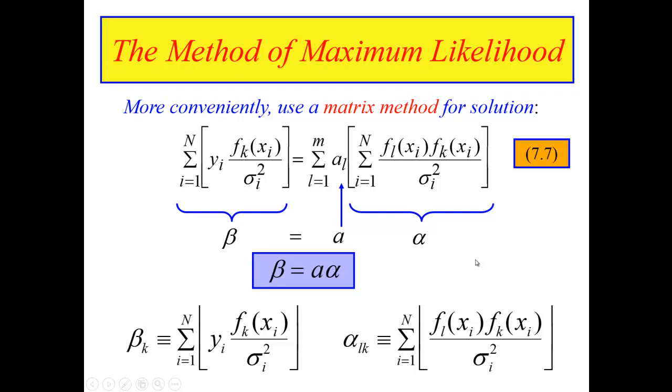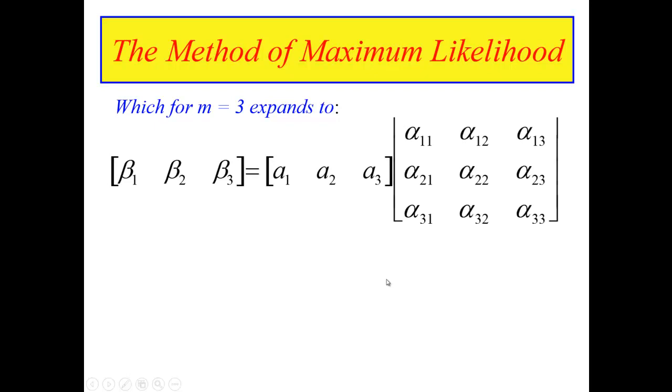So in short, we would write this in matrix form as beta equals A times alpha, realizing, of course, that let's say that we had 3 terms in our fitting function, then beta would be a 1 by 3 matrix, A would be a 1 by 3 matrix, and alpha would be a 3 by 3 matrix. So it would appear in this form, right?